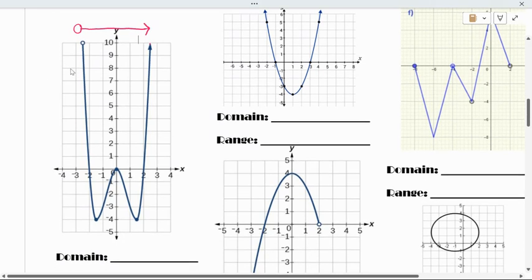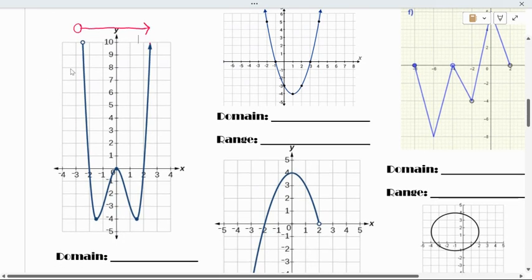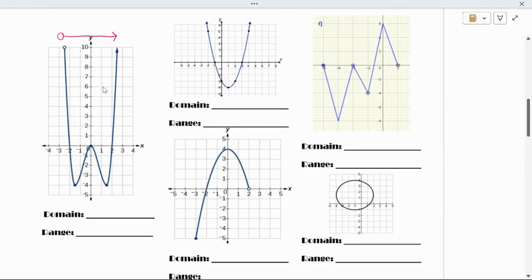Okay? So let's look at our domain. What is the smallest value in the domain? What's the smallest number? It's about right here. What is that? It's like -2.5. What kind of inequality are you going to use there?